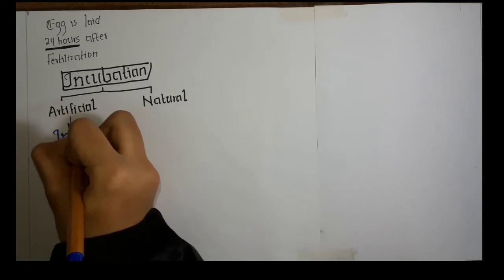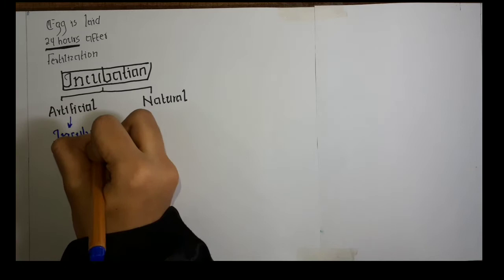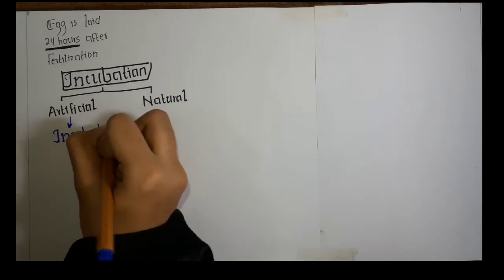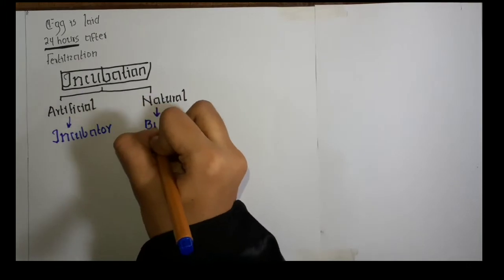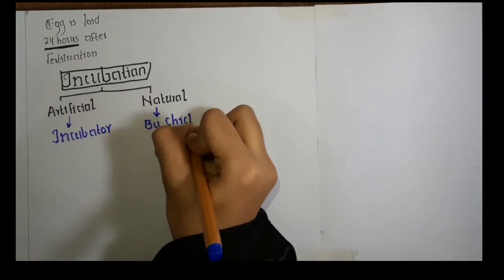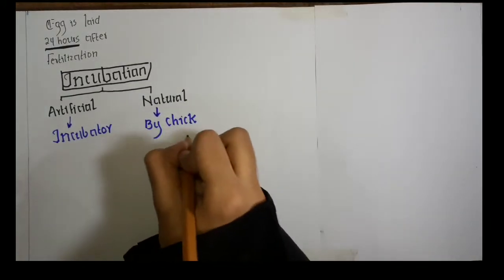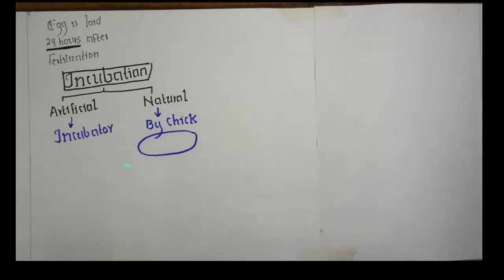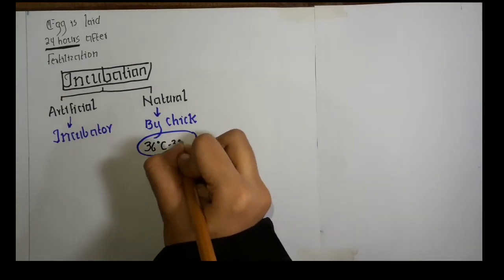This machine provides the required temperature to the egg for further development, and naturally it is done by the hen. The temperature required for the development is 36 to 38 degrees Celsius.